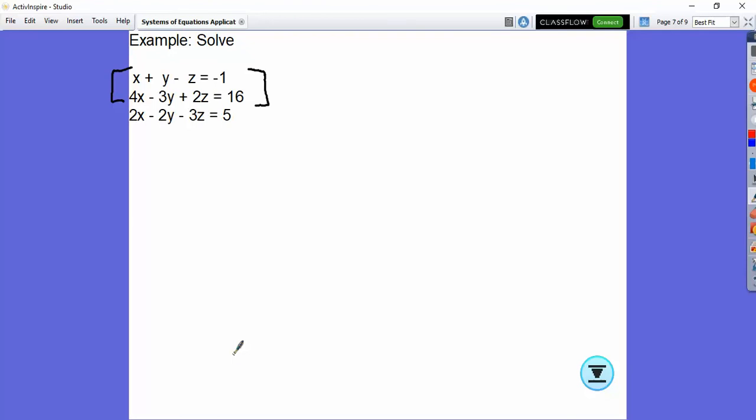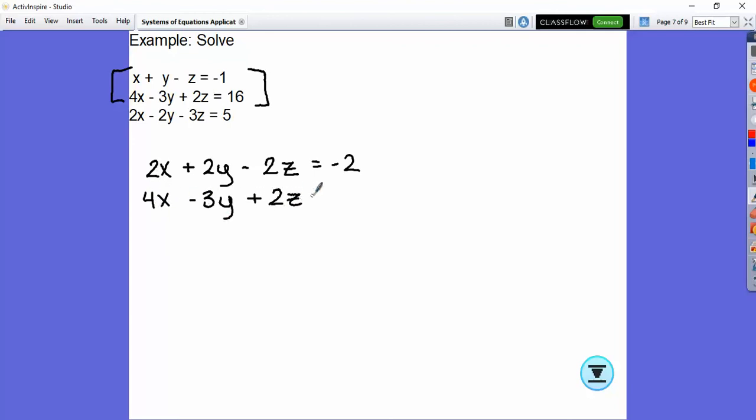Okay, it's not going to matter what we eliminate, but I just pick 2 equations. Let's just go with first and second. What variable do you want me to eliminate? Z. Okay, so to do that, we would have to take the top equation times 2. So I would have 2x plus 2y minus 2z equals -2.